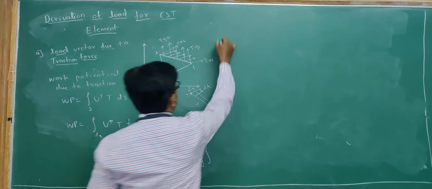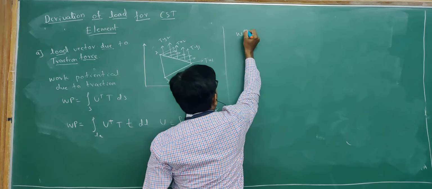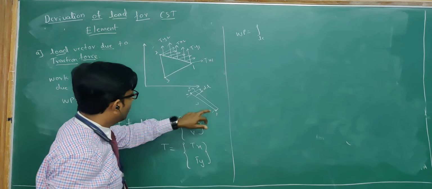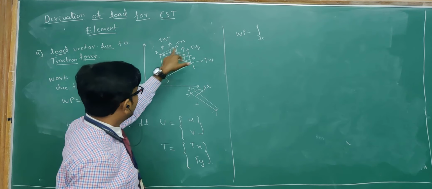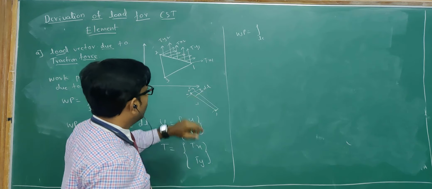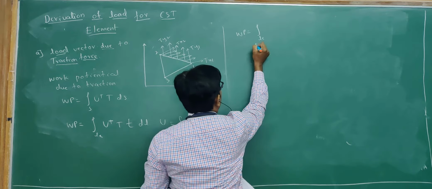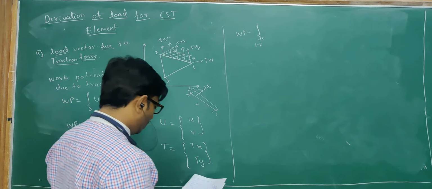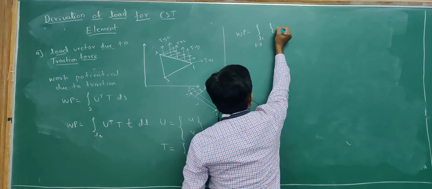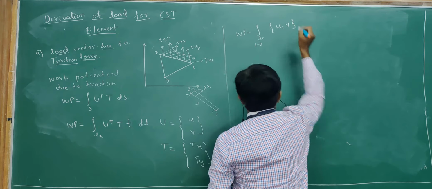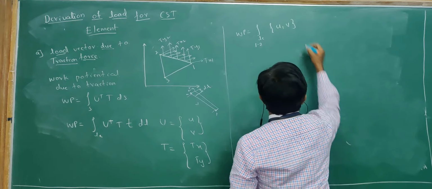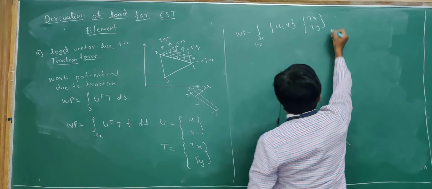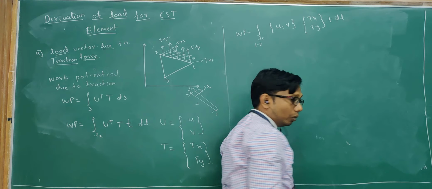The work potential is basically given as the integration over the length from 1 to 2, because it is acting on a particular element length, of u comma v, then the traction force Tx, Ty, times t times dl.